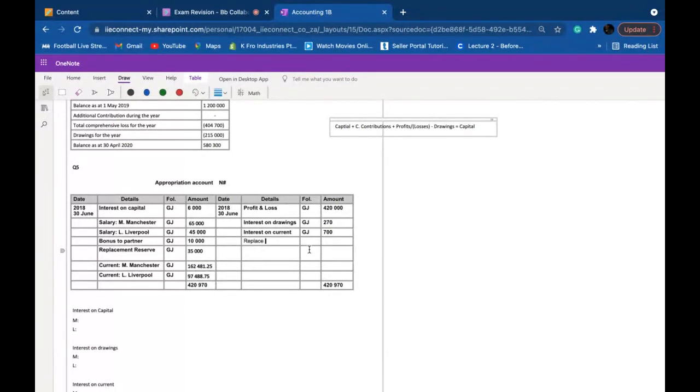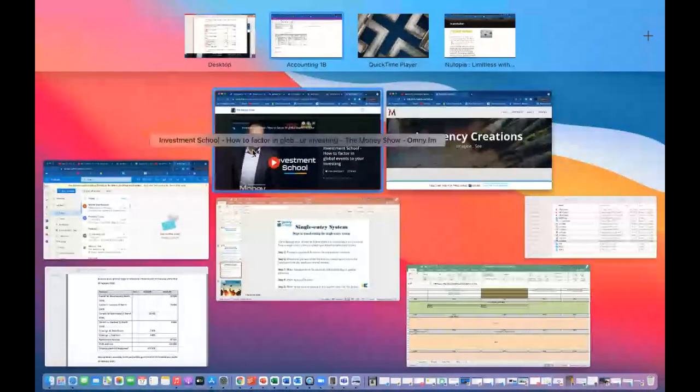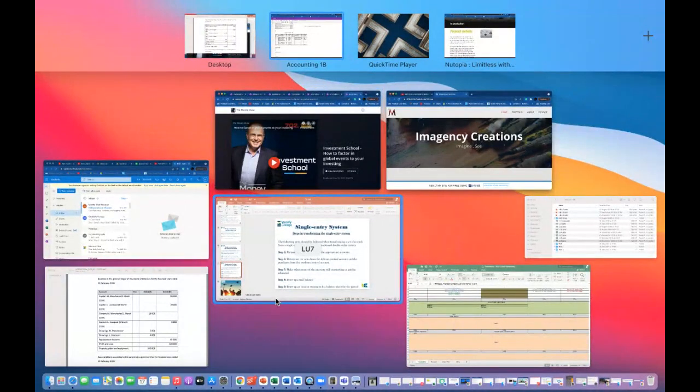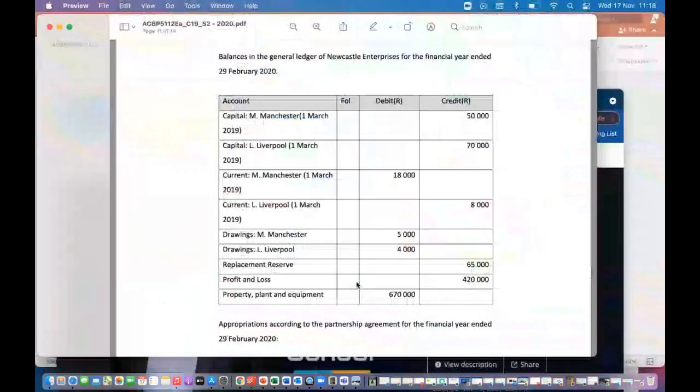Base reserve. Line. I think I'm lying. I think actually it is supposed to be included there.